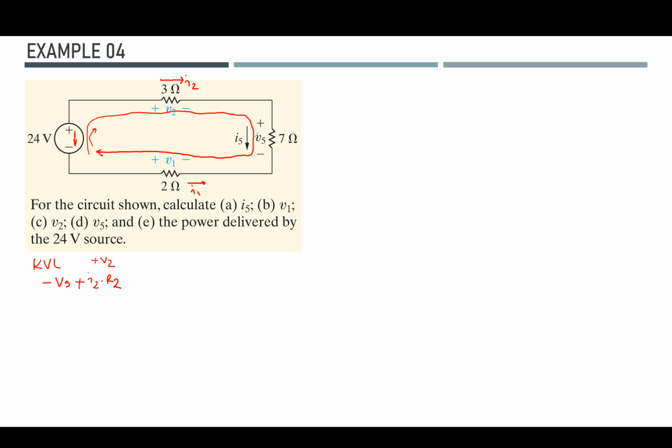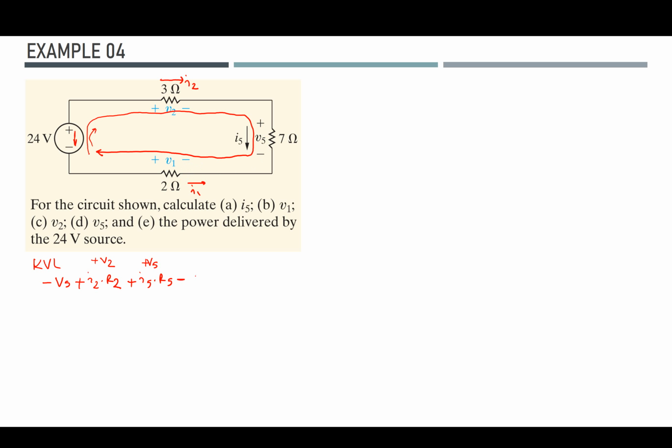Then I will continue and come to the R5. Here, since I see the positive sign first, I just put it here, and then I have the I5 times R5, because this is how we define the positive V5. Then when I come to the R1, I see that I approach the component from the negative terminal, which means that I should put a negative sign there.